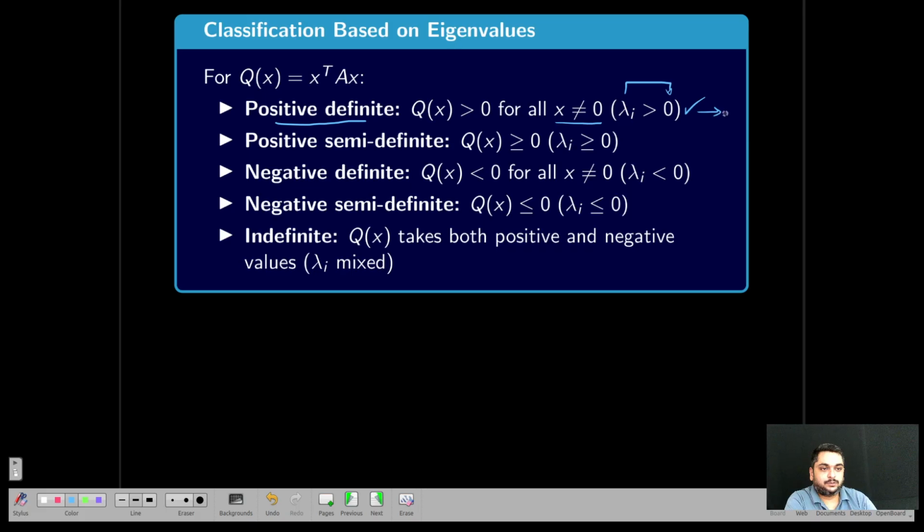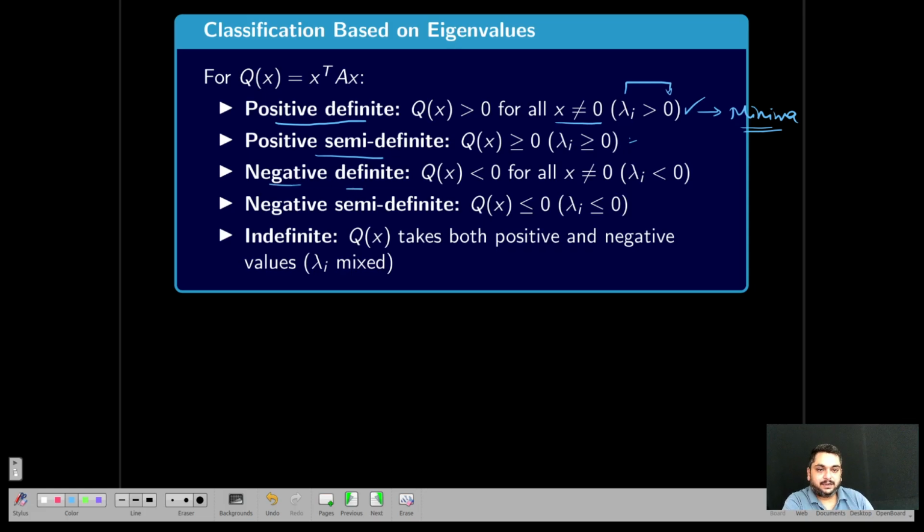This helps us find the minima of this quadratic equation in calculus. Positive semi-definite means q of x is greater than or equal to 0, not strictly greater than 0. That is, all the lambda values are greater than or equal to 0, positive or 0. It is not negative anyway.